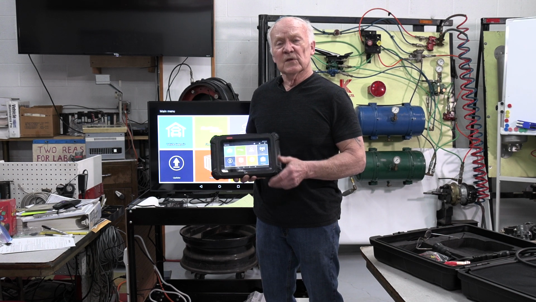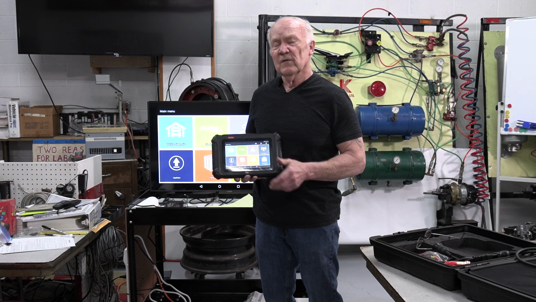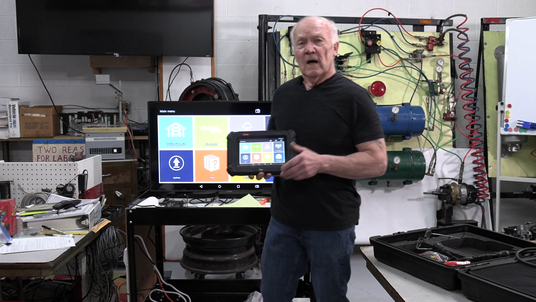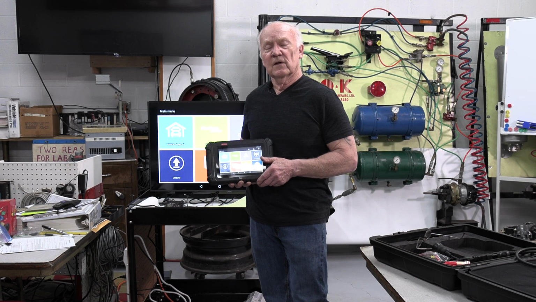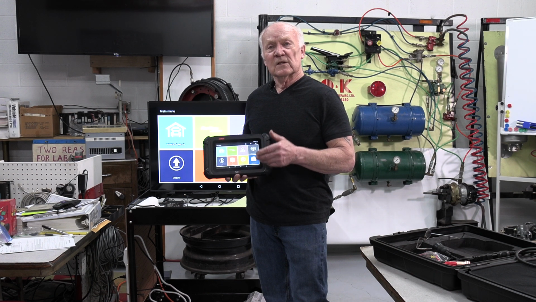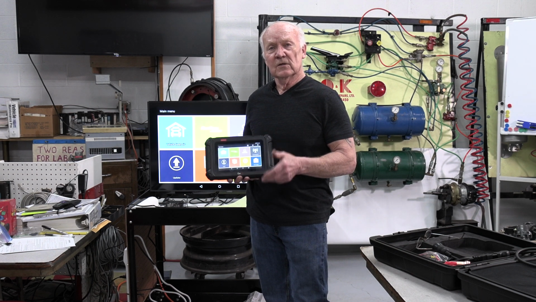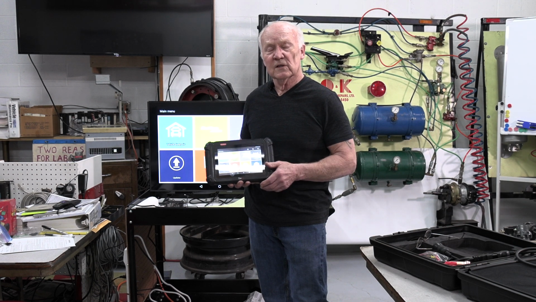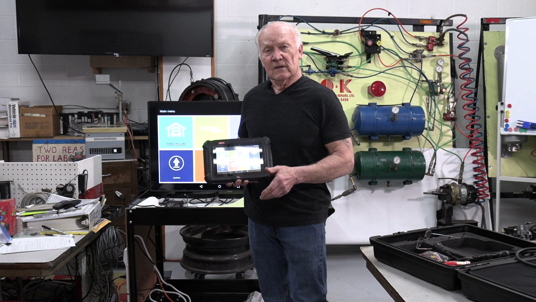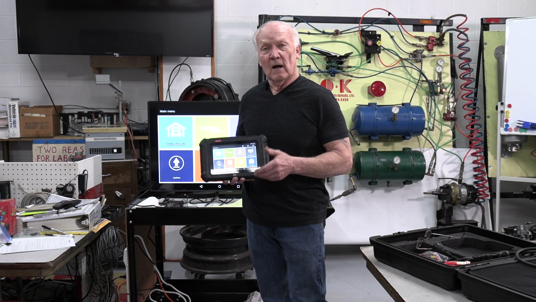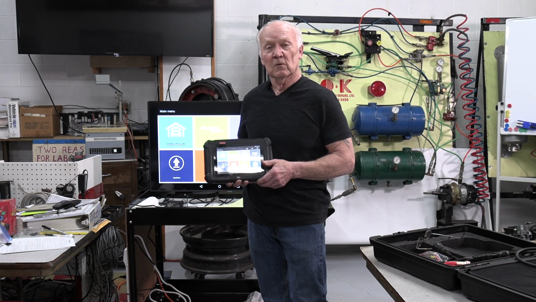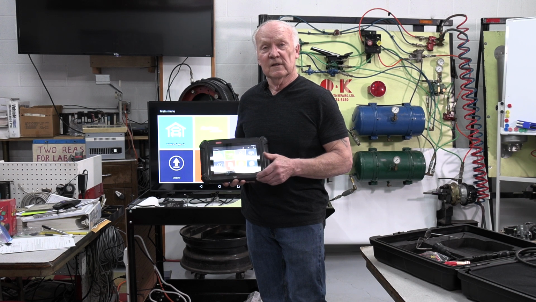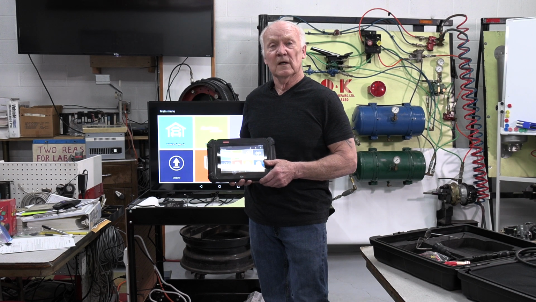Maybe the check engine light is on, whatever the problem is, I have to get in there fast because someplace along the line I need to let the owner, manager, dispatcher, whoever is in charge of that vehicle, know at a minimum, are we going to have some issues? Is this vehicle going to be down? How long? Etc., etc. Main reason being is chances are pretty good that vehicle is committed to a load.